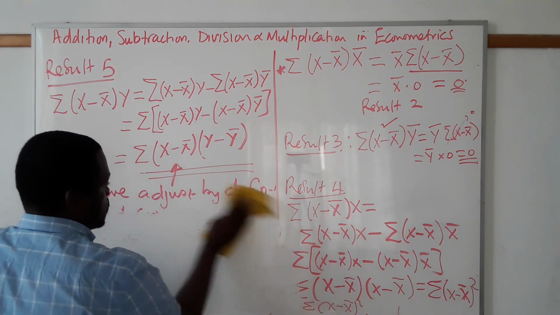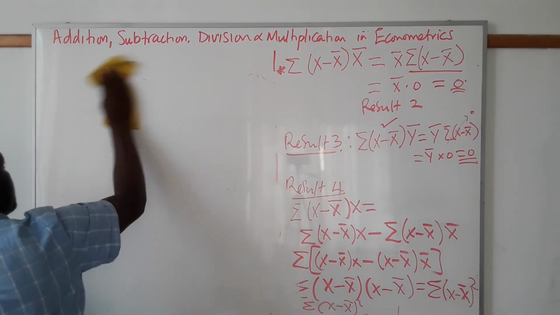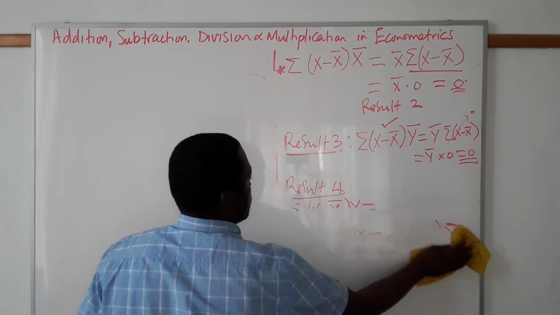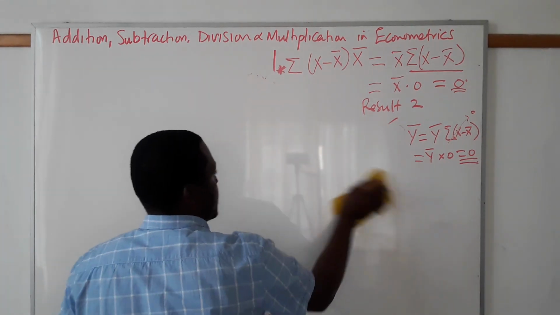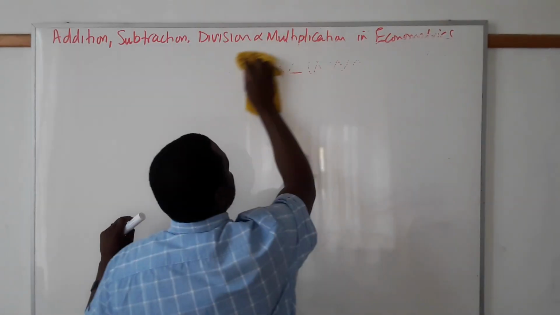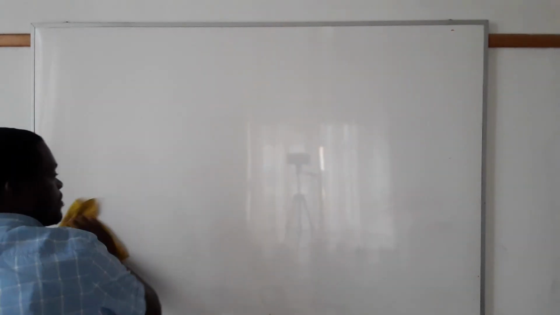But what I want to do now is to talk about regression. Now we understand something about correlation. We understand something about covariance.